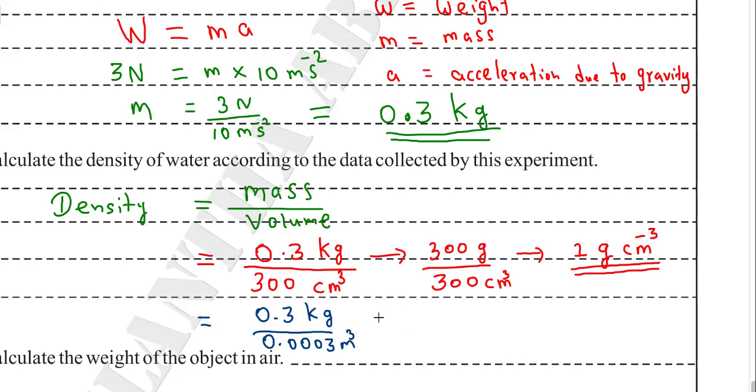Then 0.3 divided by this value, children, we can get the answer as 1000 kilograms per cubic meter. Right? Like that, there are two answers, children, we can get.